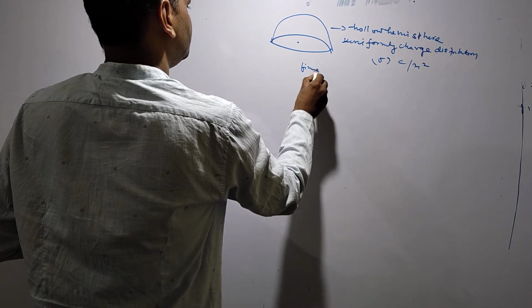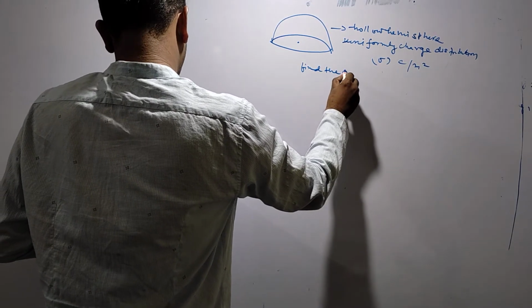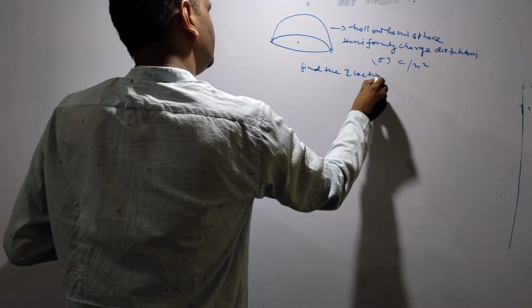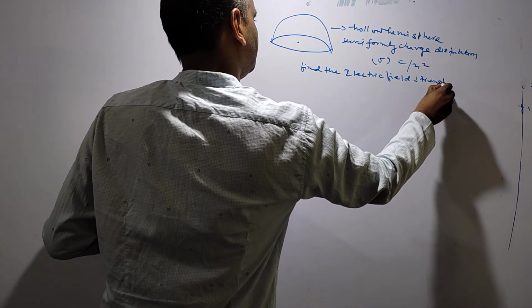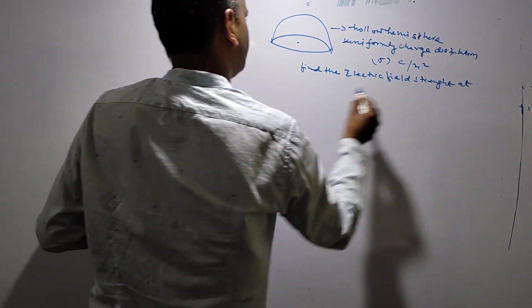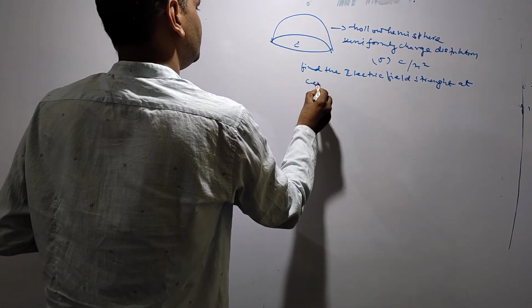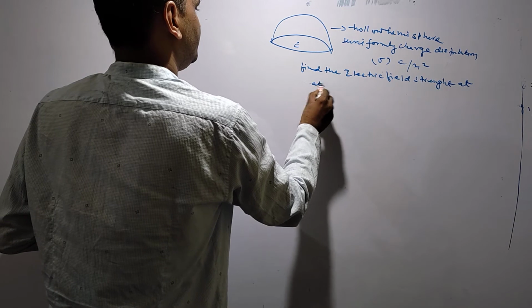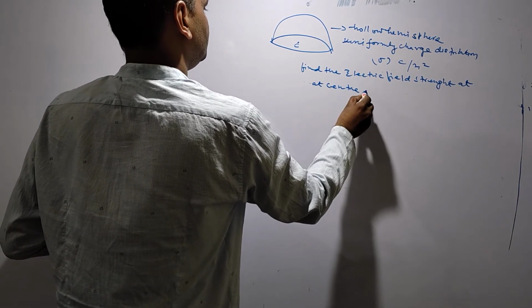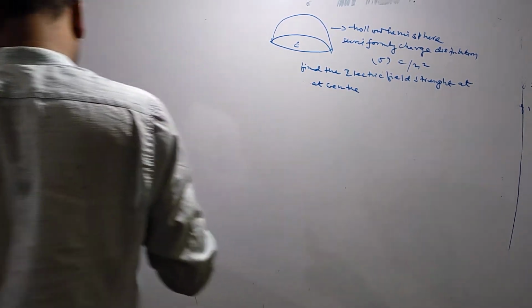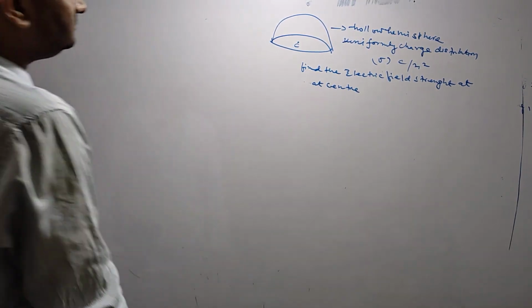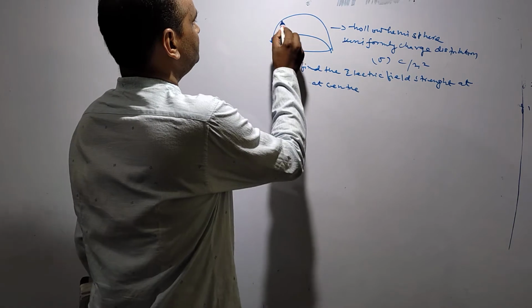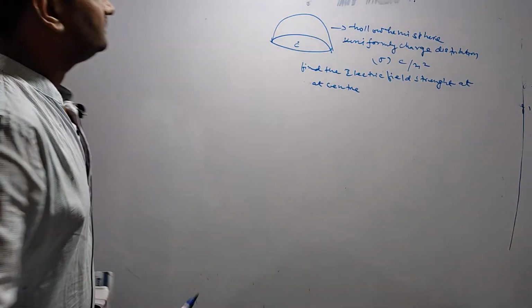So find the electric field strength at C, at the center. This is your question. So how can we proceed?